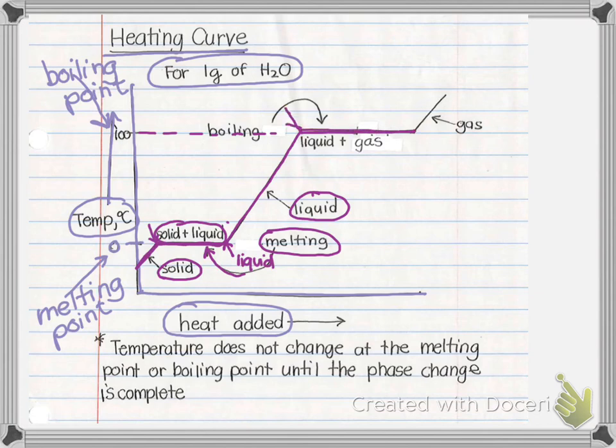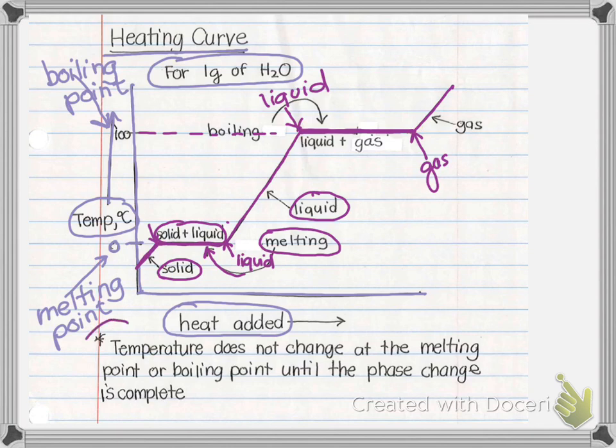Right here at the beginning, you would just have a liquid, but the vapor would start coming, and as you're changing the liquid into gas, the temperature stays the same. That's why if you ever were cooking pasta, once it boils, it's going to stay at the same temperature until all the liquid's gone, because as long as there's water in there, the temperature will remain the same, even if you're adding heat. Once you get to the end of the line, you have gas only, and now we're just warming up the gas here.